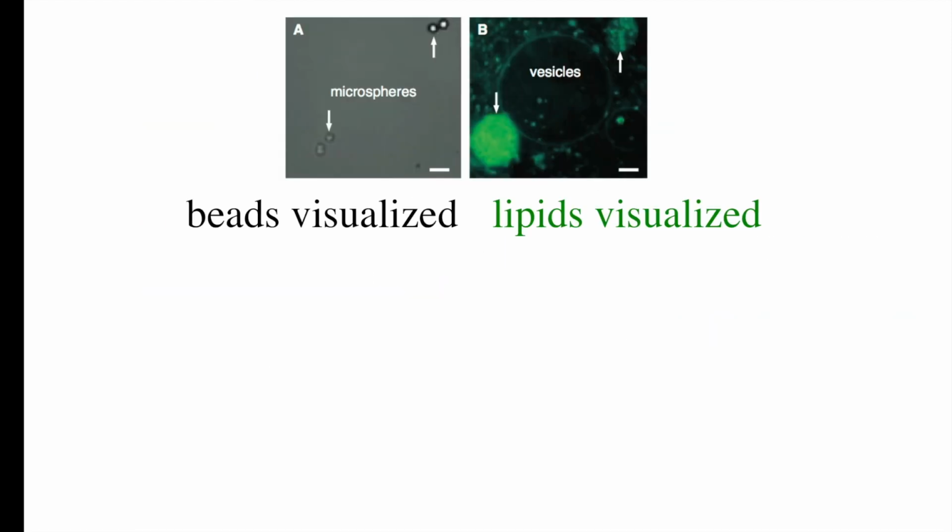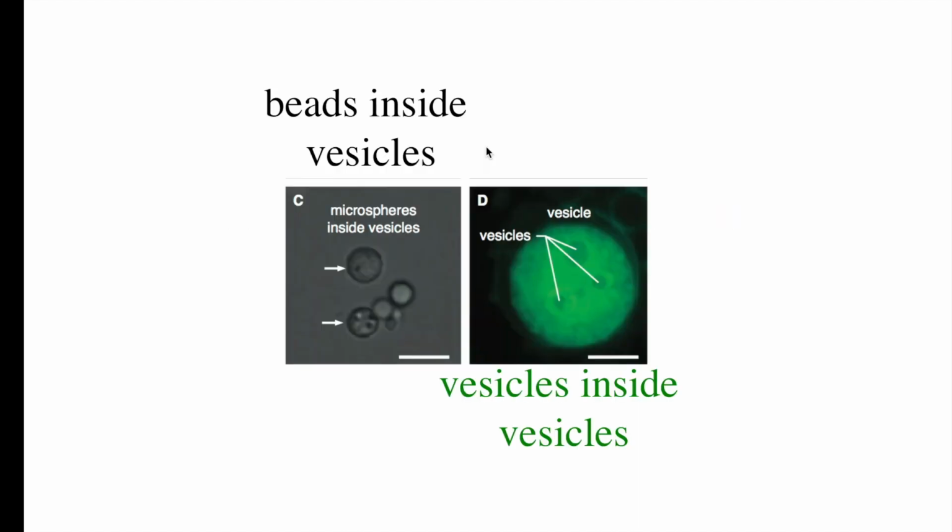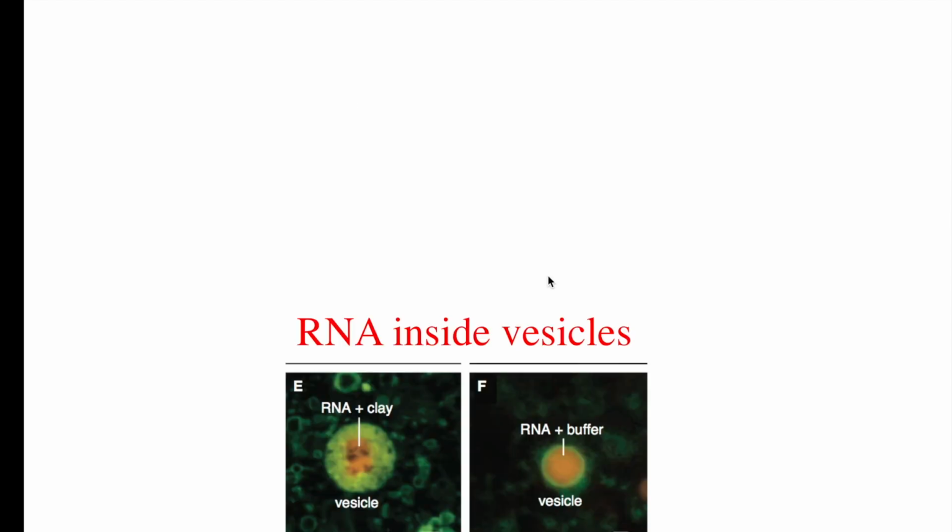Okay, but now you've got this microsphere. Can they do anything else? Well, they dyed them green and then they fed them different things. Like if they feed them clay particles, those clay particles show up inside the beads. If they feed them pieces of RNA, those RNA pieces show up inside the beads, or inside the vesicles.